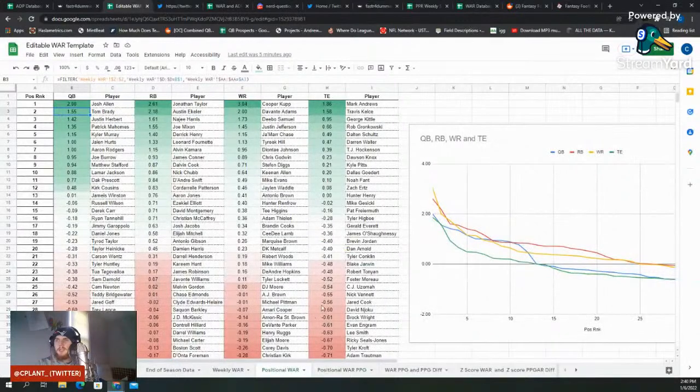The next time I'll dive into ADP more and how you can find inefficiencies within ADP based off of where the WAR distributions lie with different positions. Because of course you can think about it right off the bat: how many running backs get drafted, and then how many actually end up producing.